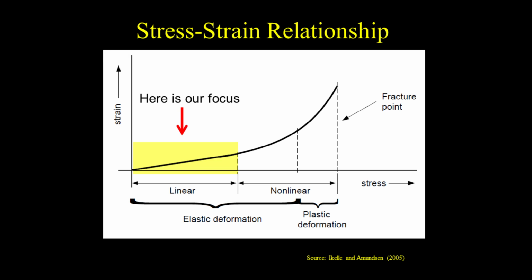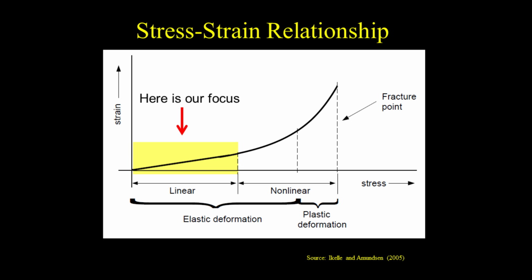If, however, the strain is increased past a certain limit, typically in the range 10 to the negative 4 power to 10 to the negative 3 power for relatively rigid materials, the deformation is no longer elastic.